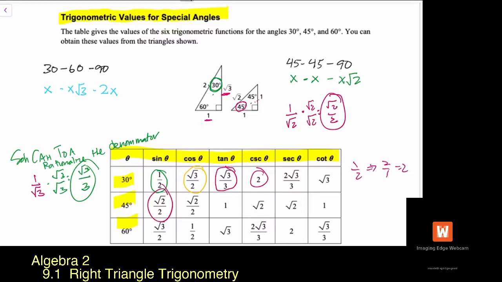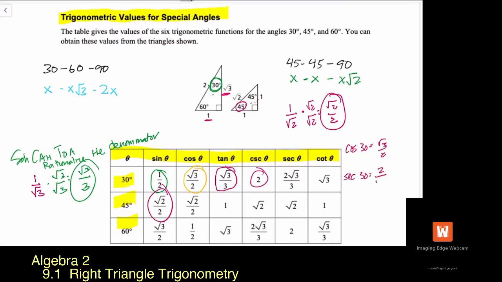You do have to do a little bit more work, especially when you look at secant theta. Secant 30: if we take a look at cosine of 30, cosine of 30 is equal to rad 3 over 2. So for secant 30, I take the reciprocal, and it becomes 2 over rad 3.